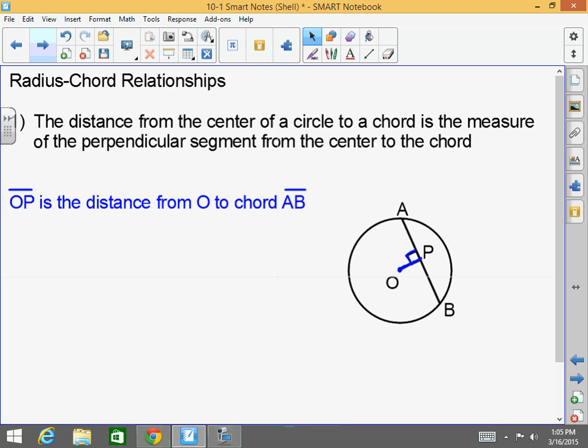Does that make sense? So OP is the distance from O to AB. Why? Because when I create a segment from the center to a chord, that is the distance from that center to that chord, and it creates a perpendicular segment.